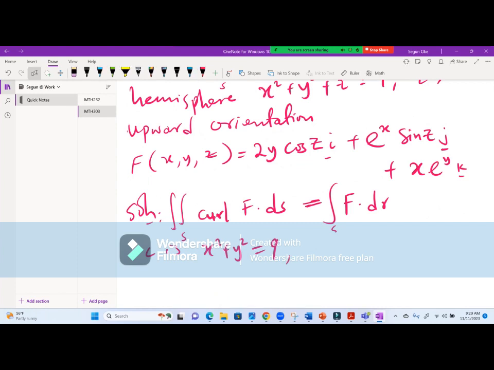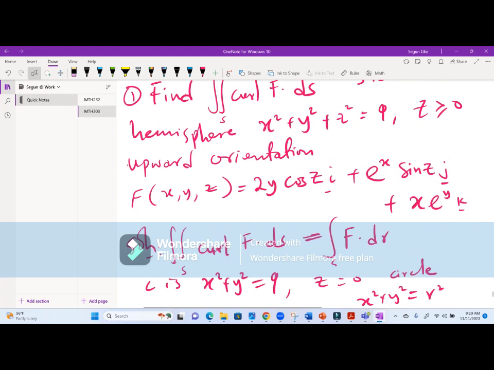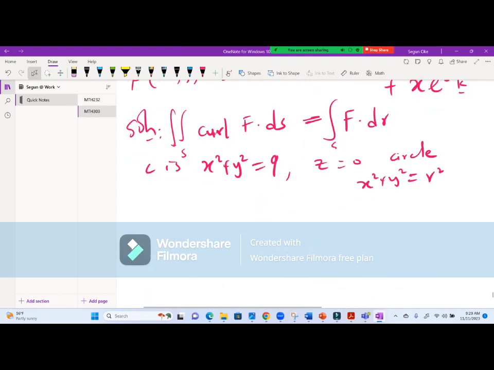Since our z is equal to 0, it is a circle. Remember, x squared plus y squared equals r squared, which simply means that t goes from 0 to 2 pi, and our x squared plus y squared equals 3 squared.